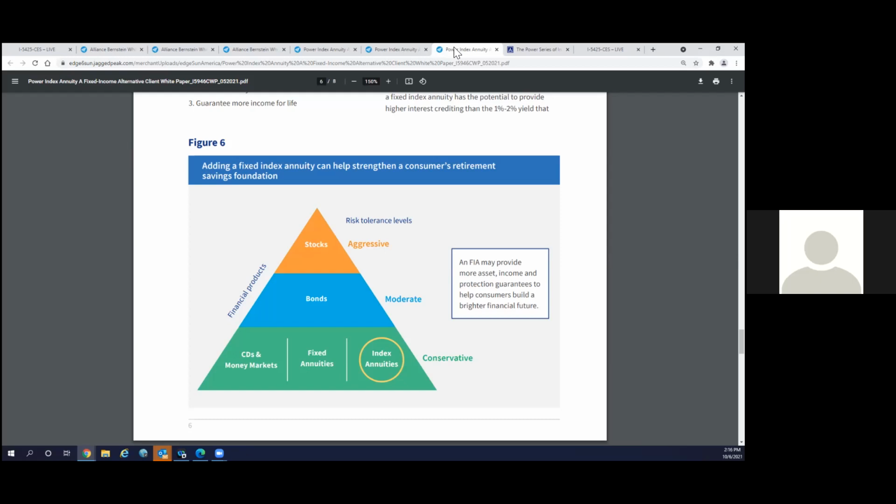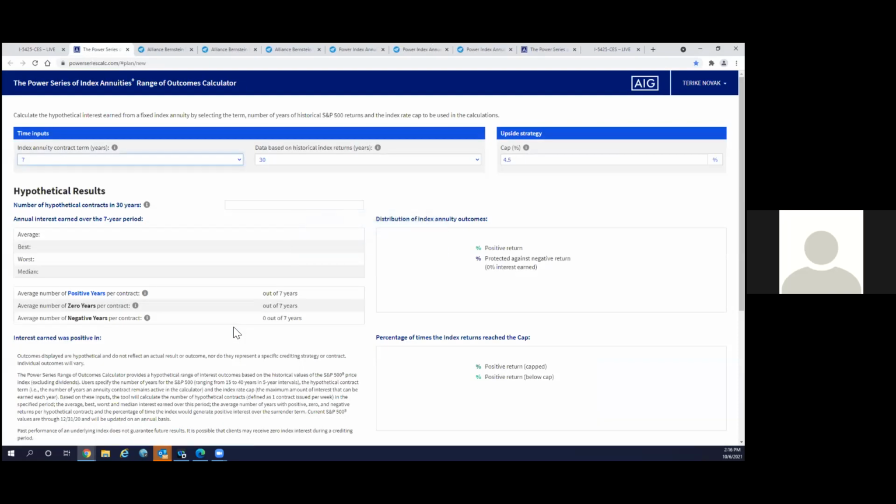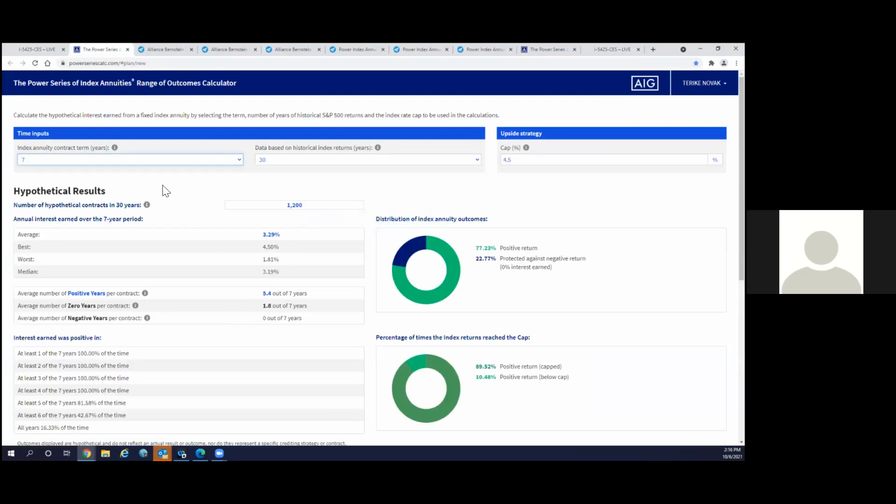This takes me to our third tool. Our third tool we highlight here is the agent tool called the Range of Outcomes Calculator. When we click on it, there are 3 data points that we plug in: the index annuity contract term, which is 5, 7, or 10 years.